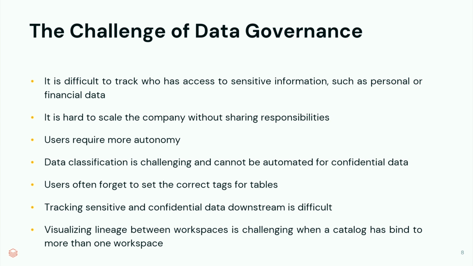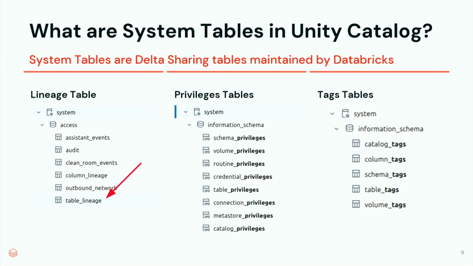And it's also difficult to track the confidential and sensitive data downstream. Also, when you have more than one workspace, the lineage view that you have in Databricks doesn't match the lineage between different workspaces. Each workspace has its own view of the lineage.